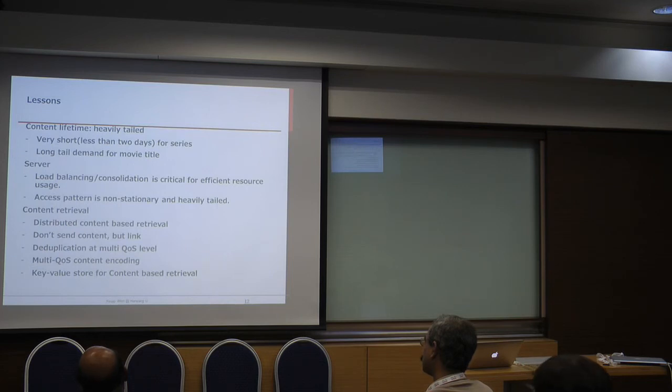To detect contents with different QoS levels, you have to have a very efficient key-value retrieval mechanism for content distribution. So that's pretty much it. Thank you.